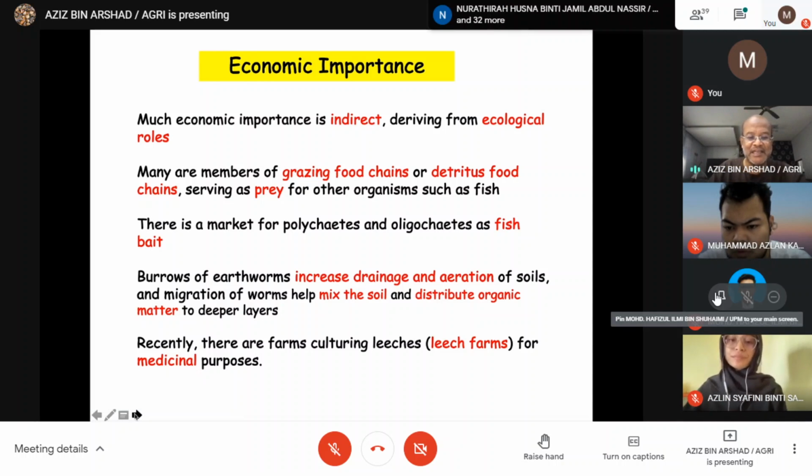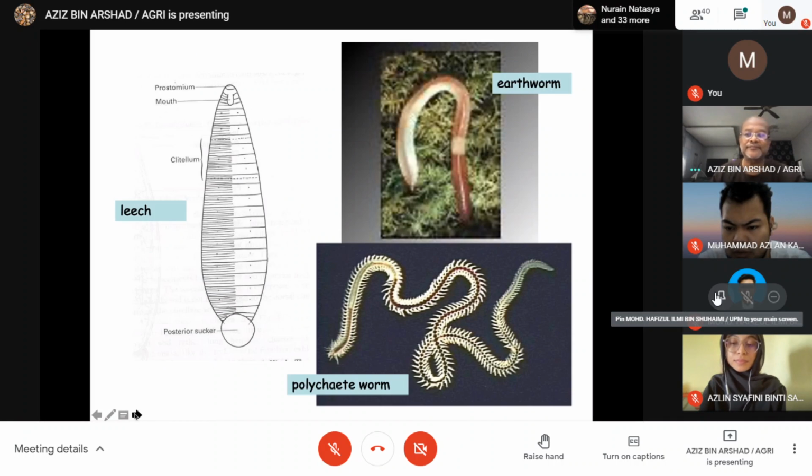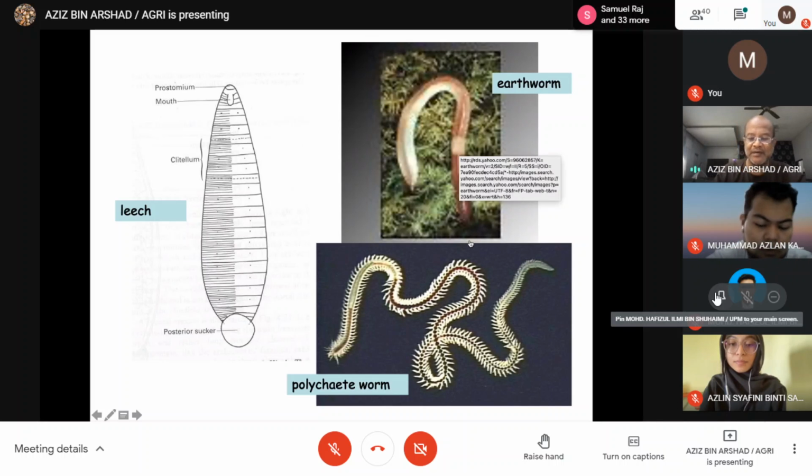Leeches, recently there have been farms culturing leeches for medicinal purposes. And in Malaysia at one time, there was this culturing activity too, but I think at the moment it is dying out. So in the phylum Annelida, you'll find representatives such as leeches, earthworm, as well as the polychaete worm.